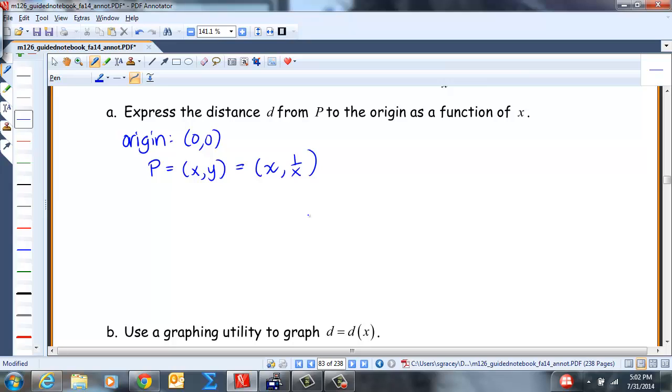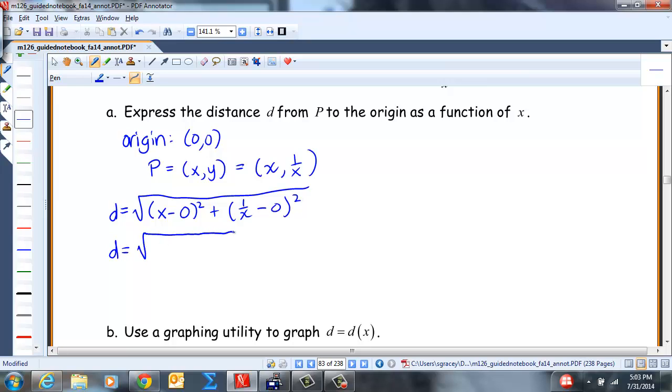So now we're working with the distance formula. So the distance will be the square root of x minus 0 squared plus y, which was 1 over x, minus 0 squared. So we'll get the distance is the square root of x squared plus 1 over x squared.